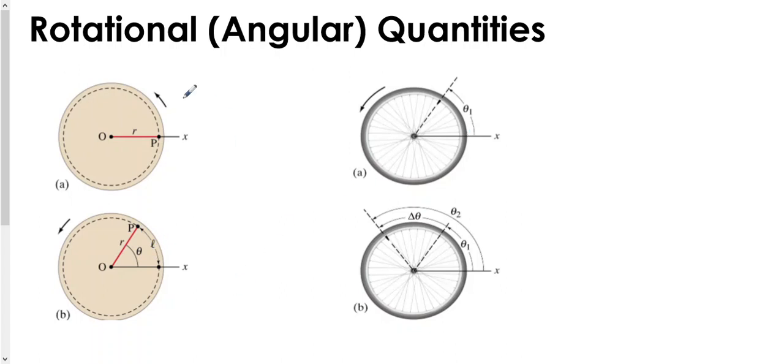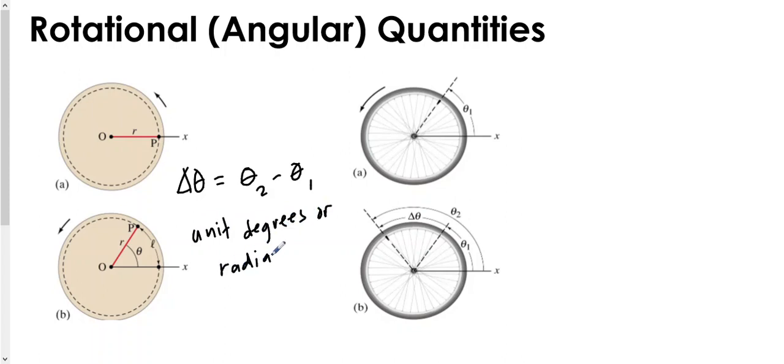If the object moved from this point to point P, so this P moves to that point right here, we're going to say there is a change in angular displacement, which is represented by the symbol theta. The unit is either degrees, or what we're going to use more often, radians, abbreviated as rad.